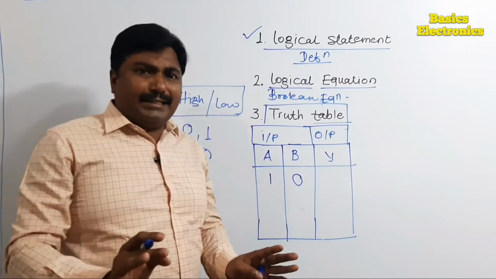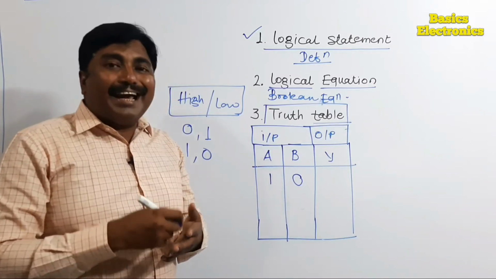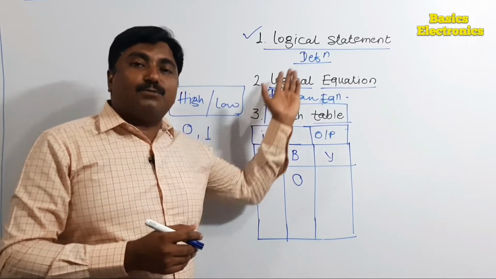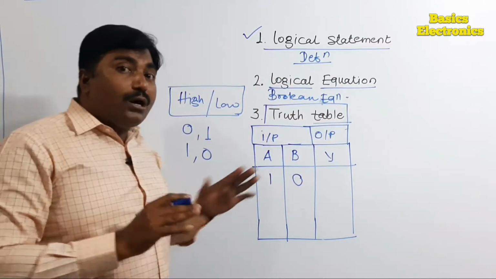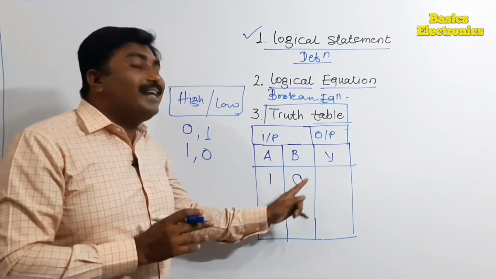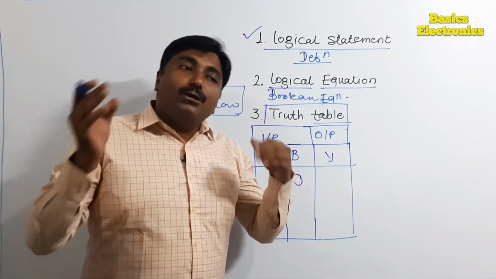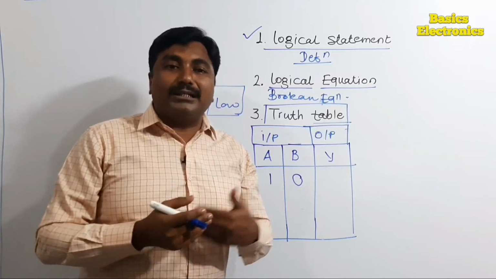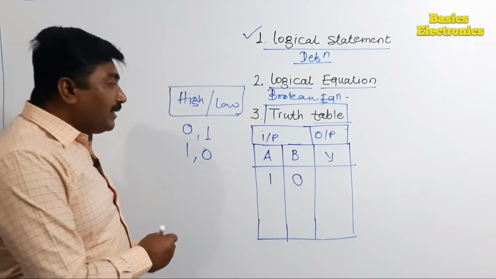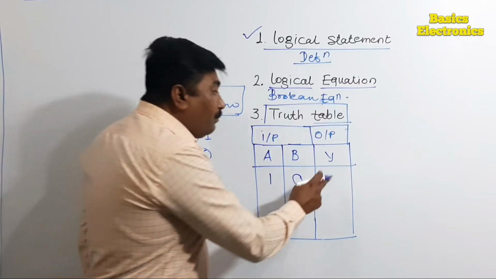But in many cases, instead of 1 and 0, they can use H and L. H stands for high and L stands for low. But throughout all these topics about digital electronics, we use 1 and 0 for all kinds of circuits, all kinds of logic gates, as well as whatever circuit we construct by using the logic gates. When we consider two inputs, the gate has two inputs and one output.